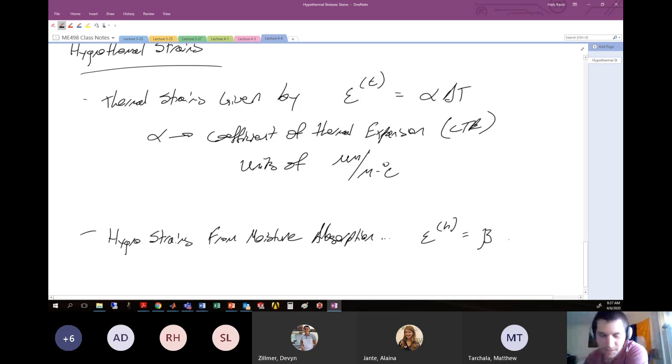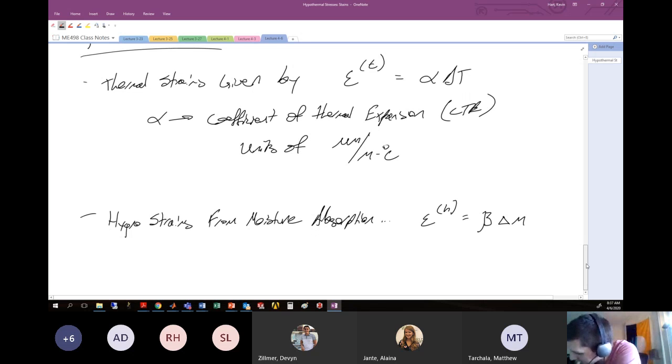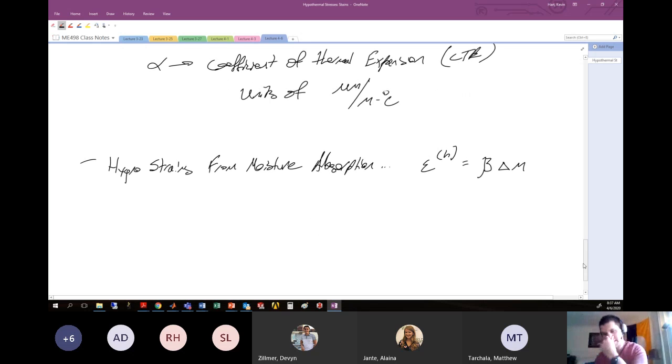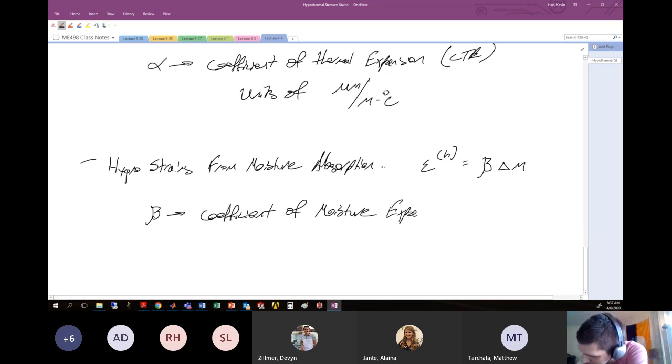And not delta T, because we don't really care about temperature change. We care about mass change. So this is beta delta M. Here, beta is the coefficient of moisture expansion or coefficient of moisture absorption, however you want to think about it.